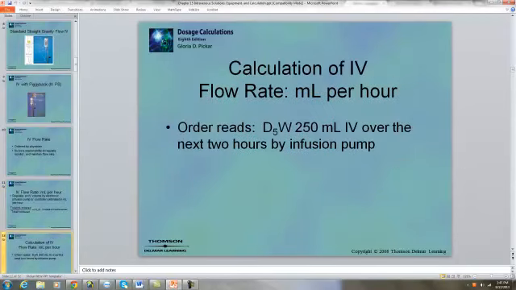So the calculation of an IV flow rate in milliliters per hour would be if the order reads D5W 250 milliliters IV over the next 2 hours by infusion pump. This is dextrose 5% water, 250 milliliters.